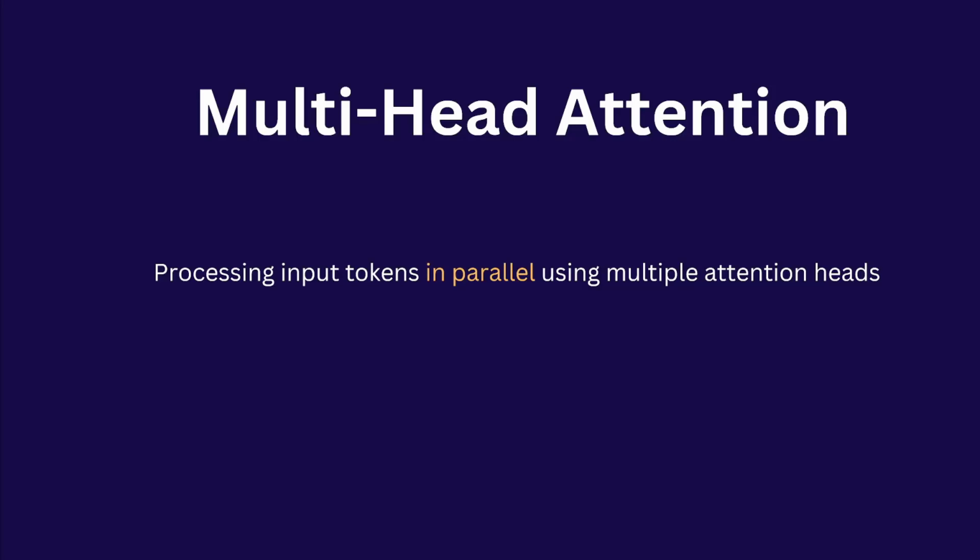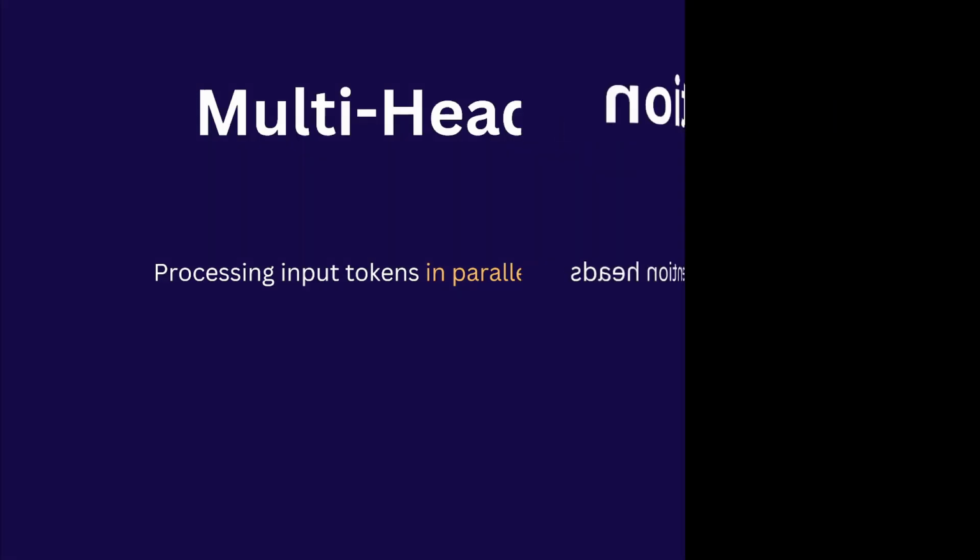Each head focuses on different aspects of the input, capturing a variety of relationships between tokens. So by combining the inputs of all attention heads, the model gains a more comprehensive understanding of the input. This will lead to improved performance and richer representations.